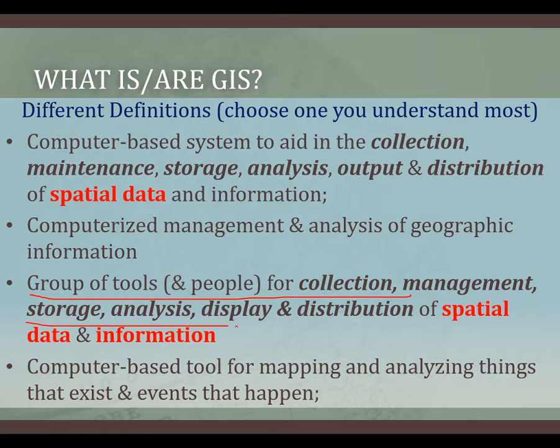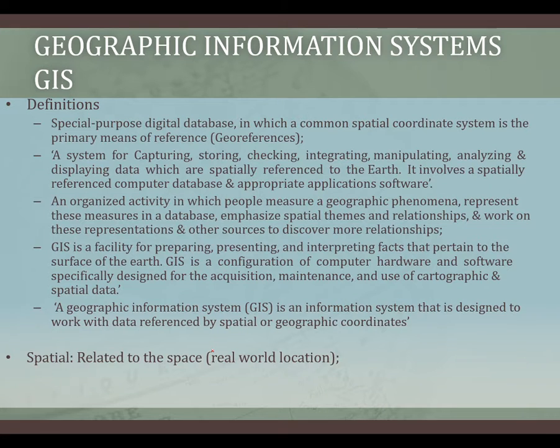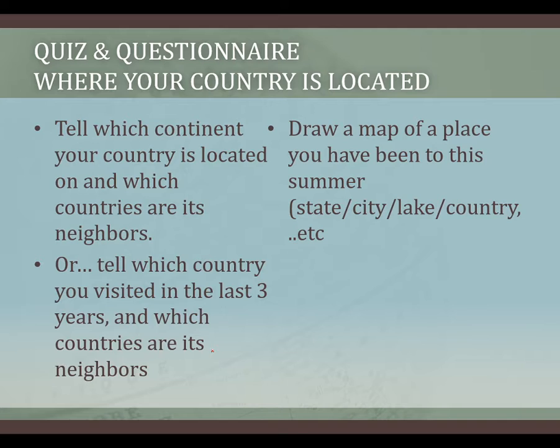This is the most comprehensive definition of GIS. So they're a group of tools, not only tools, some people, for collecting, managing, storing, analysis, display, and distribution of information that has some spatial part of it, when you call here spatial data and information. So this was just input before we continue working, guys.